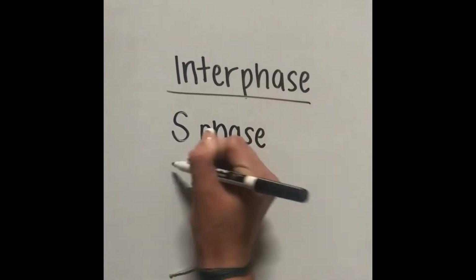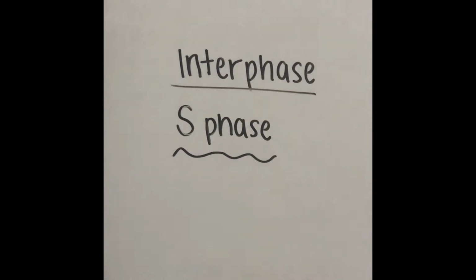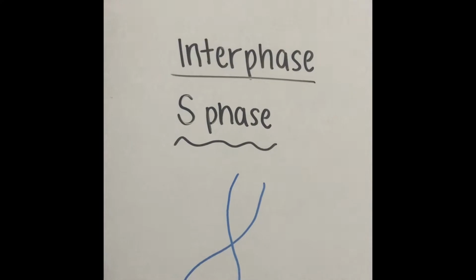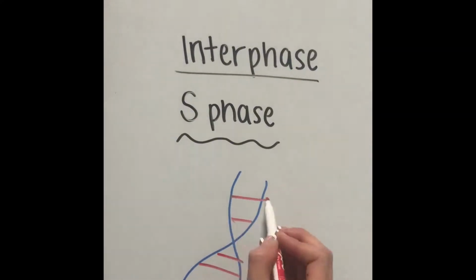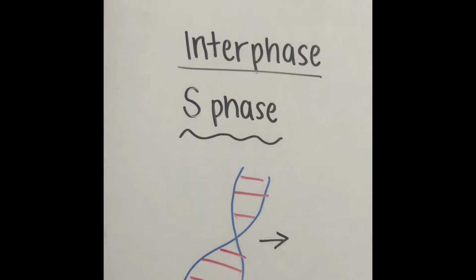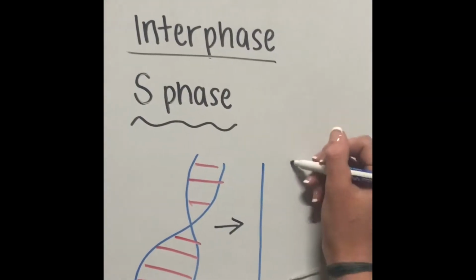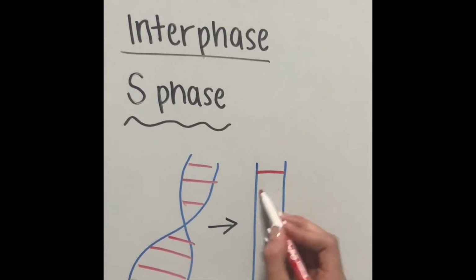The next part is the S phase, where DNA replication occurs. First, the DNA unravels.